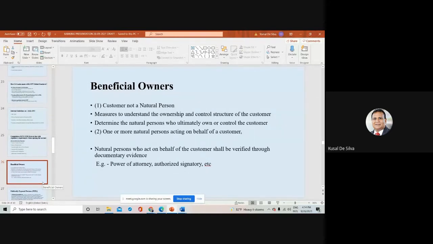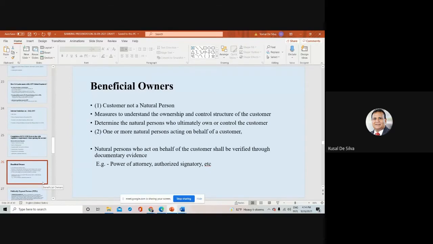So we have discussed AML, anti-money laundering, counter financing of terrorism, transaction due diligence, customer due diligence, know your customer. These are buzzwords in banking and compliance.